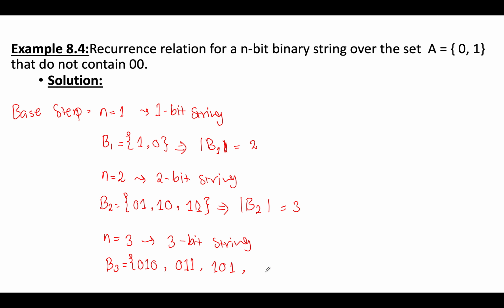So here I'm speaking about the possibilities, all right? Then we have 110 and 111. And again, I'm eliminating all the bit strings that contain 0 0. And from here, we can see that the number of elements in this set is equal to 5.